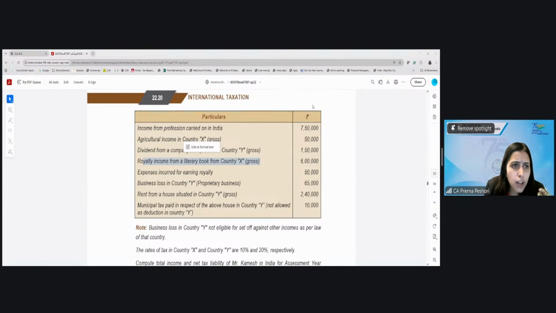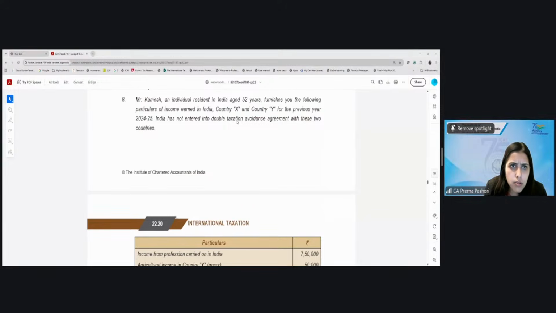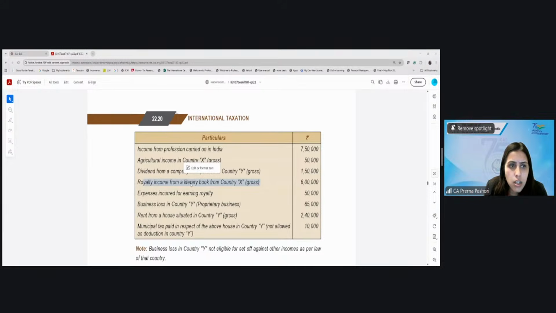No, not IFOS. Why IFOS? It's a royalty income. It will be business income only. Now, here there is one more important point. Let me see who cracks this.